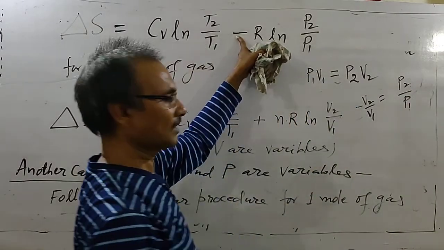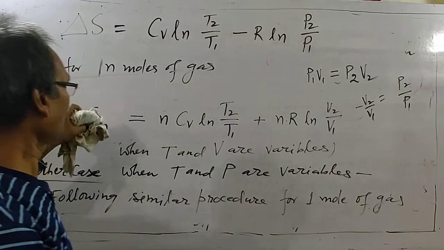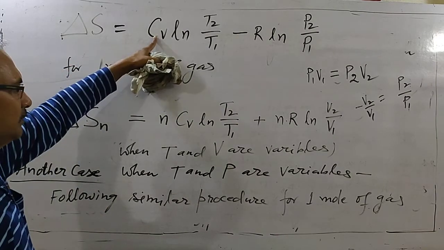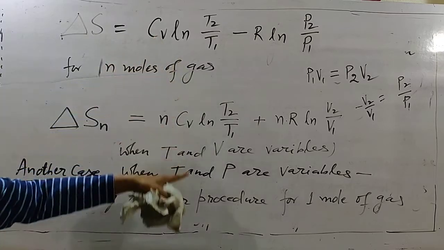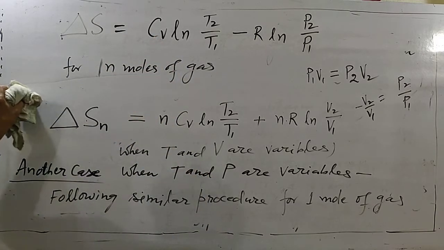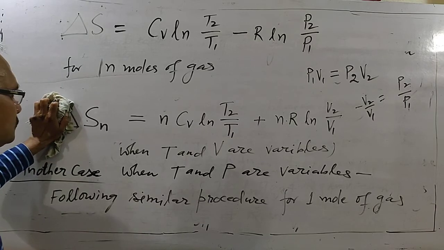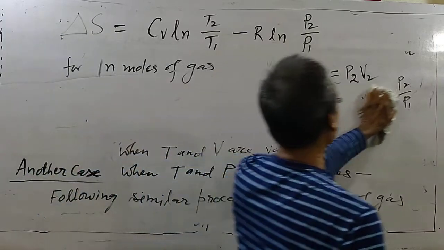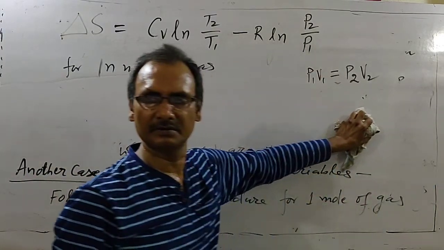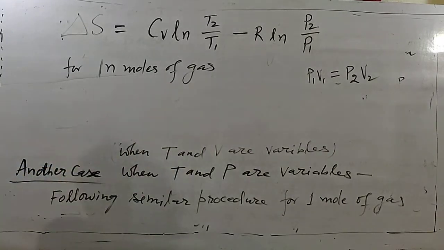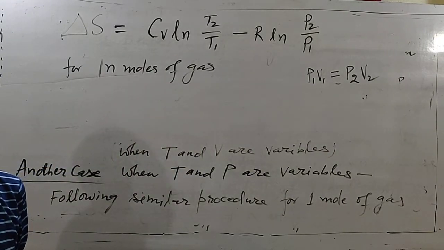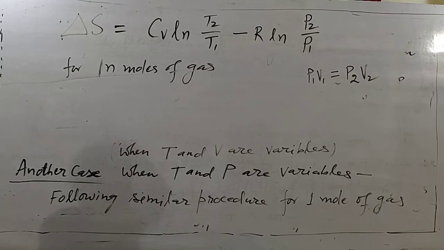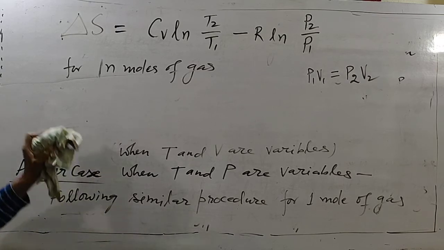So here a minus sign comes, and in place of CV we put CP. No, CP, sorry. The value is CP ln T2 by T1 minus R ln P2 by P1.